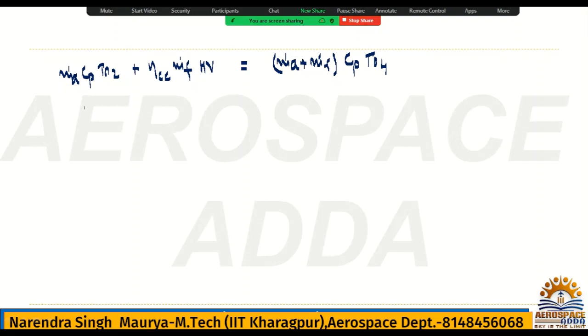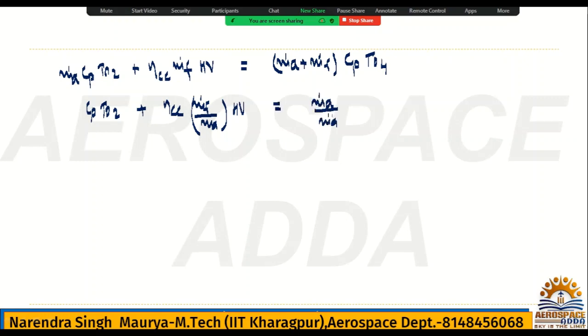Divide by m dot A on both sides. So what you will get: Cp T naught 2 plus eta Cc m dot F divided by m dot A, heat value, is equal to m dot A by m dot A plus m dot F by m dot A into Cp of gas T naught 4.